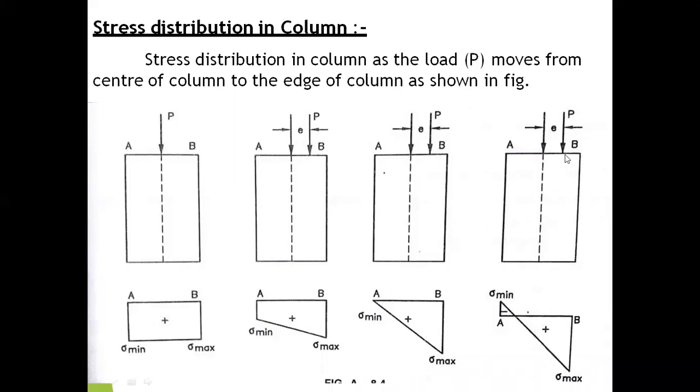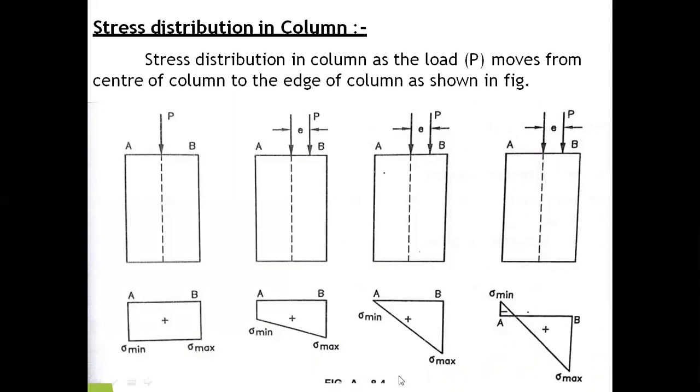In the last case, if you still move your load from the center of gravity of the section, where the eccentricity is more, your stresses will reverse. This is called reversal of stresses. What do we mean by reversal of stresses? One stress will become negative and the other will become positive.